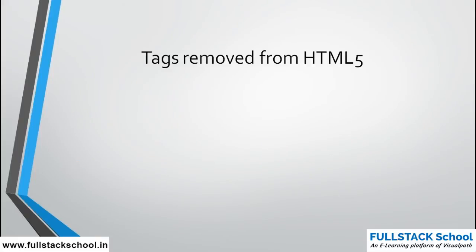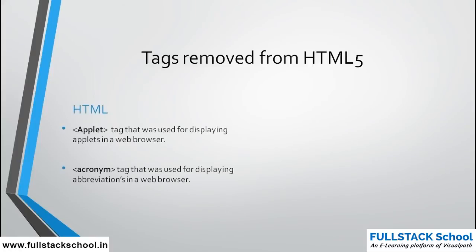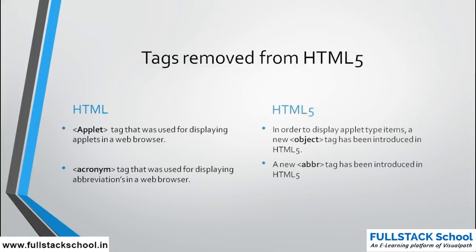Next, we'll learn about tags which are removed from HTML5. In HTML4, the applet tag was used to display applets in a web browser, but in HTML5, a new tag, the object tag, has been introduced for that purpose.